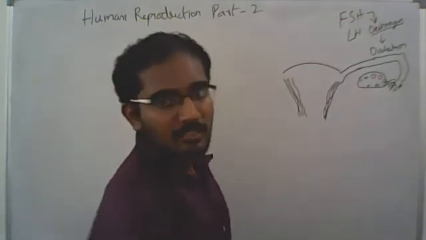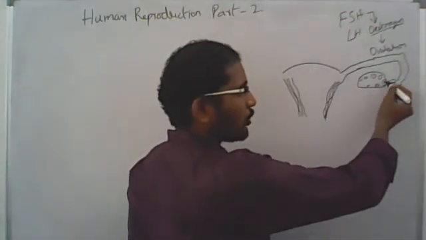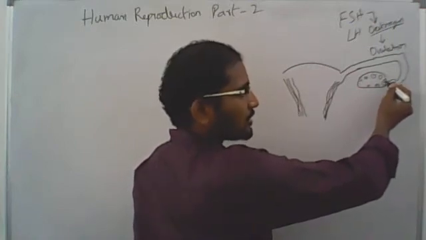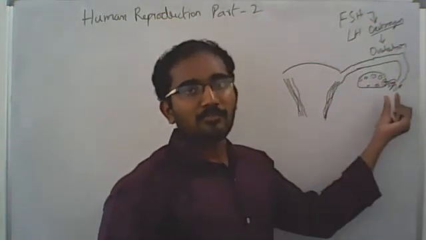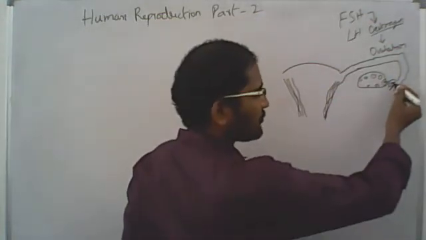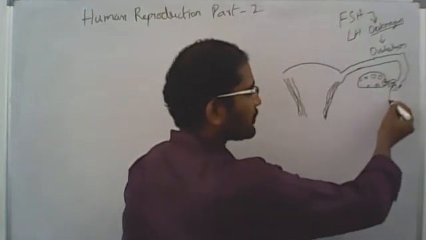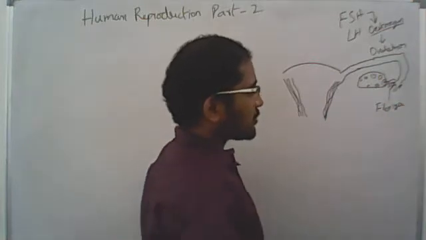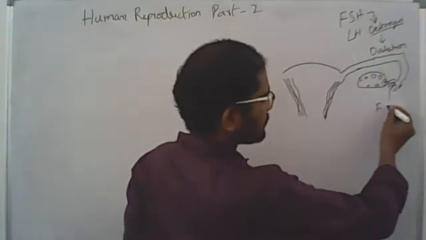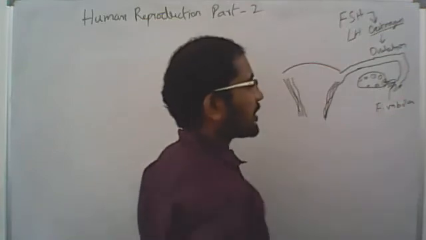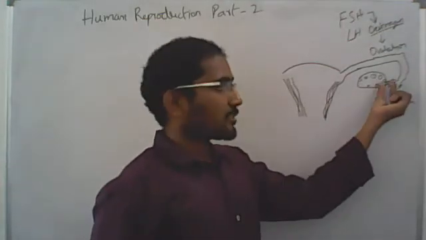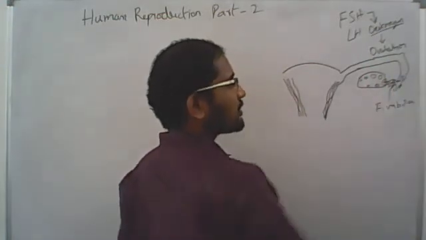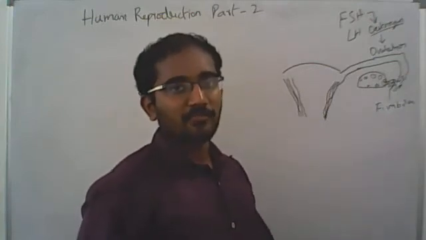Just listen, guys. The ovulated ovum is released from the ovary. The released ovum is collected by the finger-like projections called fimbriae, which we already discussed in a previous class. The fimbriae collect the ovum, and the ovum moves inside the oviduct, that is the fallopian tube.